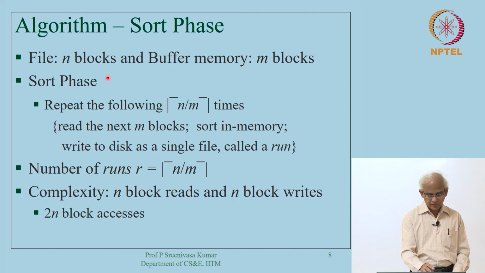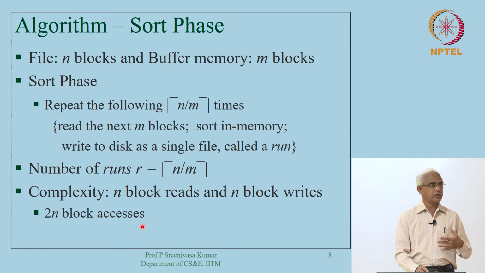And the complexity of this entire phase is 2n block accesses. Why is that? Basically, you have to read all the n blocks of the file into memory at some time or other, and then write them all back.